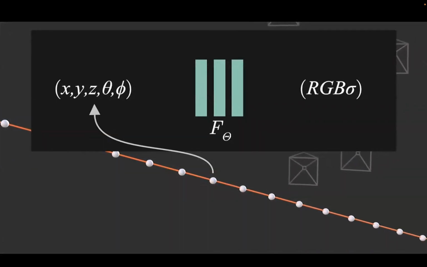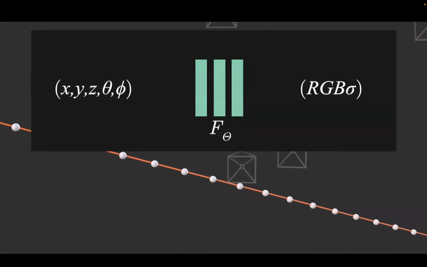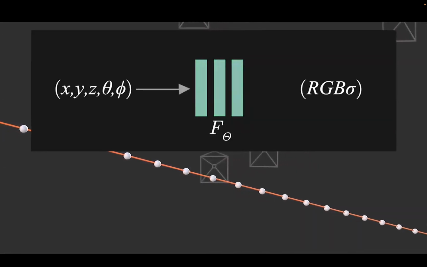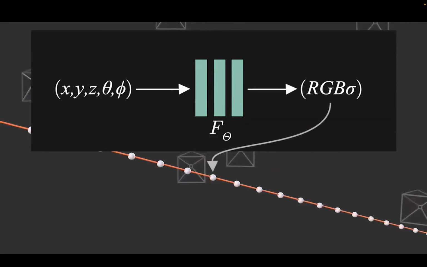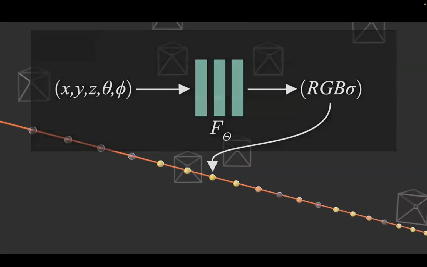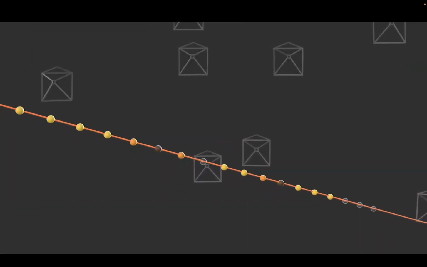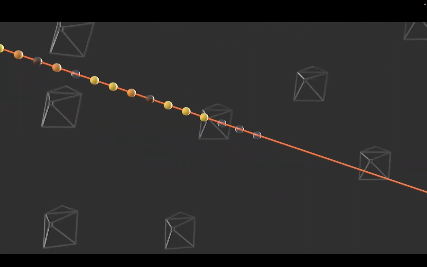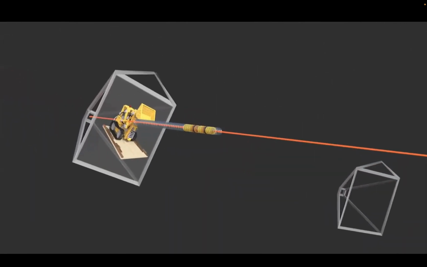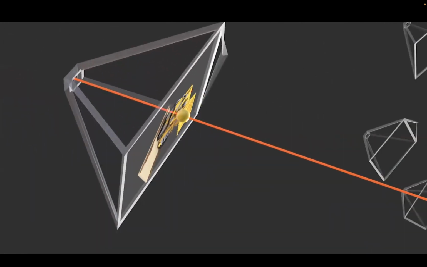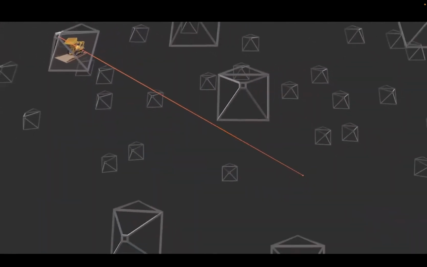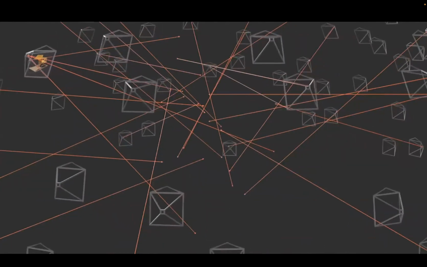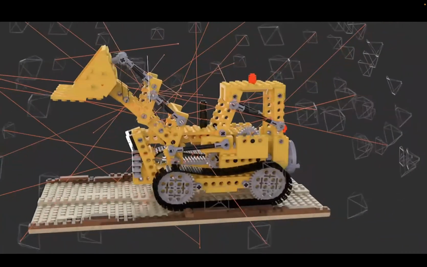We parameterize this scene representation as a fully connected deep network that takes each single 5D coordinate and outputs the corresponding volume density and view-dependent emitted RGB radiance at that location. We can then use techniques from volume rendering to composite these values along a camera ray to render any pixel. This rendering is fully differentiable, so we're able to optimize this scene representation by minimizing the error of rendering all camera rays from a collection of standard RGB images.